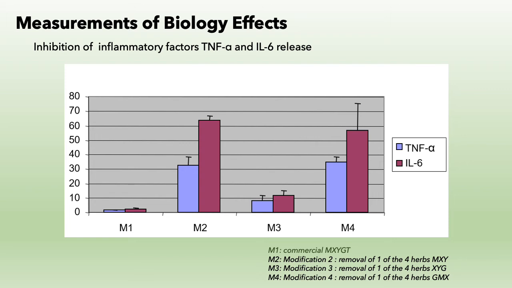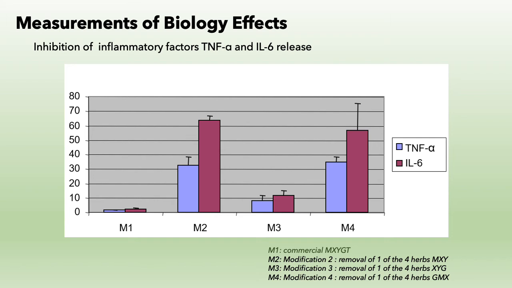But we made a combination for formula 2, where we modified it. Normally we have MXYG, but when G is reduced, you can see the inhibition effect on TNF-alpha and IL-6 is reduced. And in modification 3, in fact, we have removed another herb, so we have MYG.